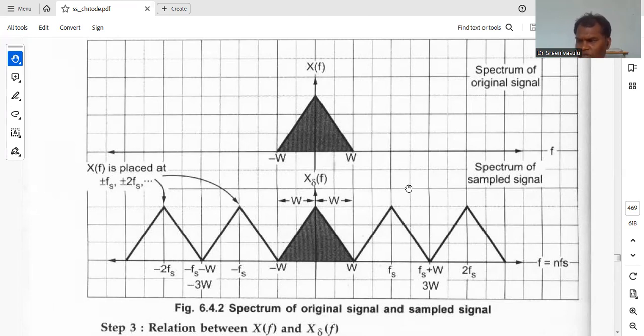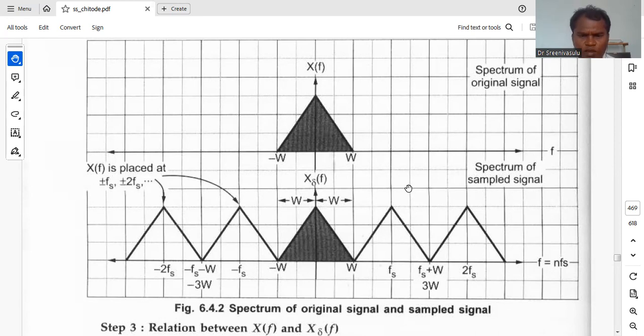If you observe the relation between the original signal spectrum and the sampled signal spectrum, the original signal spectrum is repeated with a fundamental frequency Fs from minus infinity to plus infinity.